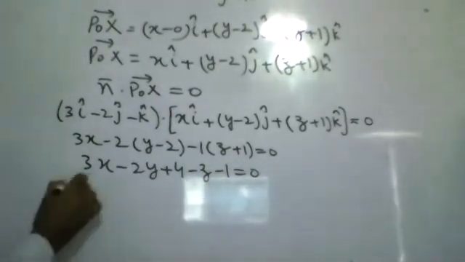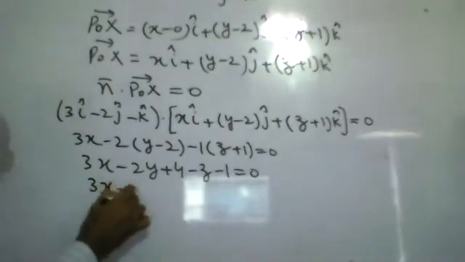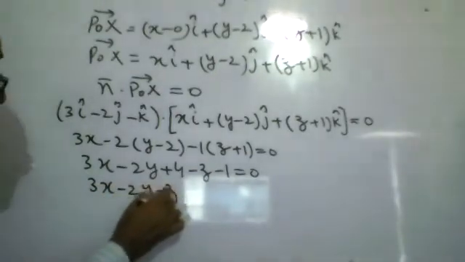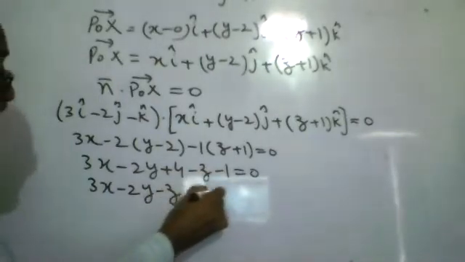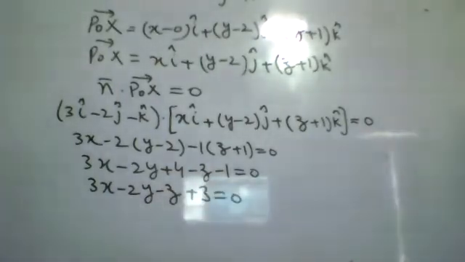Further simplify, 3x minus 2y minus z plus 4 minus 1, which is 3, equal to 0. This is the equation of the given plane: 3x minus 2y minus z plus 3 equal to 0.